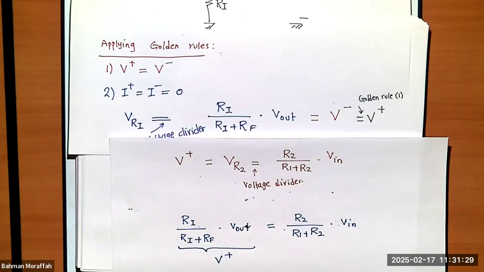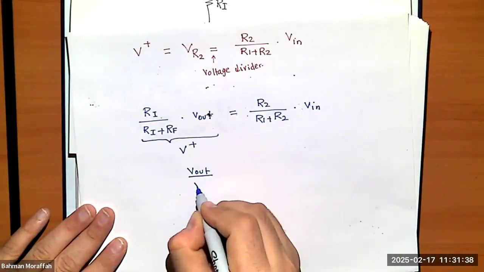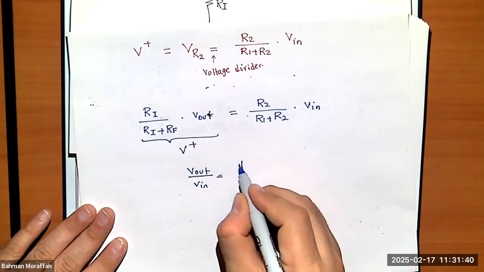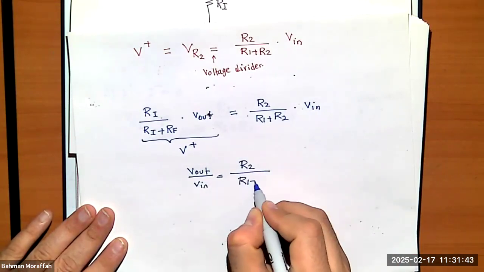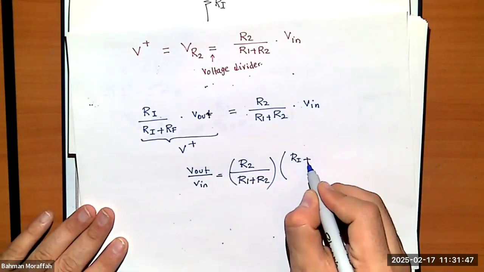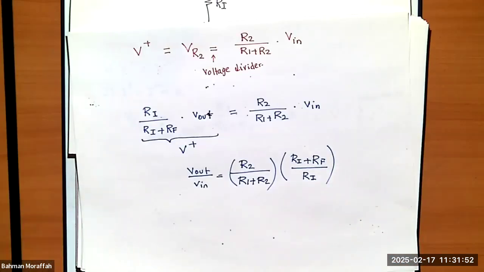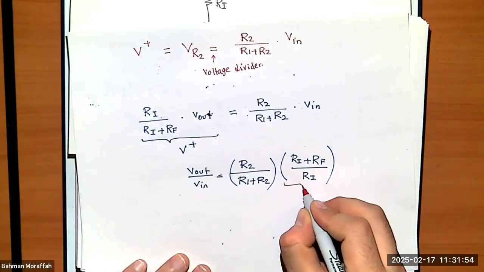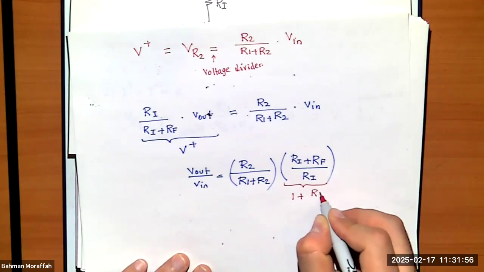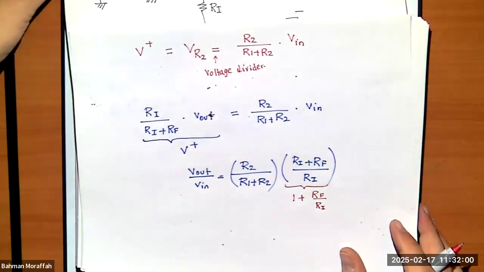I can divide this by Vn, and I get the relationship that I want, which is my gain. V out over Vn is R2 divided by R1 plus R2 times Ri plus Rf divided by Ri. This thing over here is 1 plus RF over RI. Right?